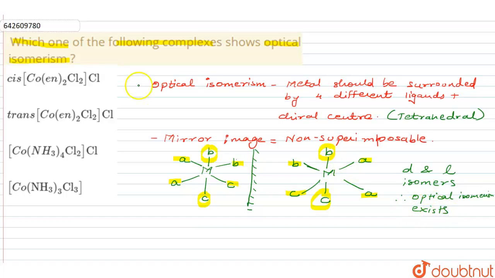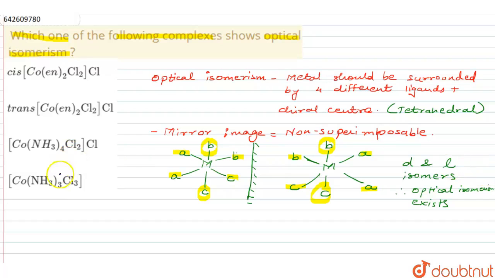Now, taking forth this concept, let us analyze the given structures over here. The first structure is a cis isomer of this cobalt, wherein we are having en twice and Cl2. En twice, Cl2 is in cis position. Cis position means it would be on the same side.